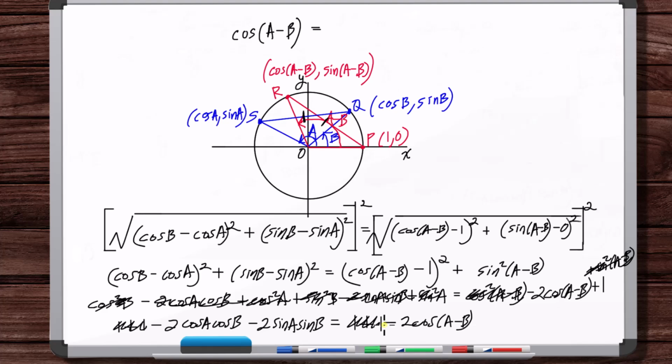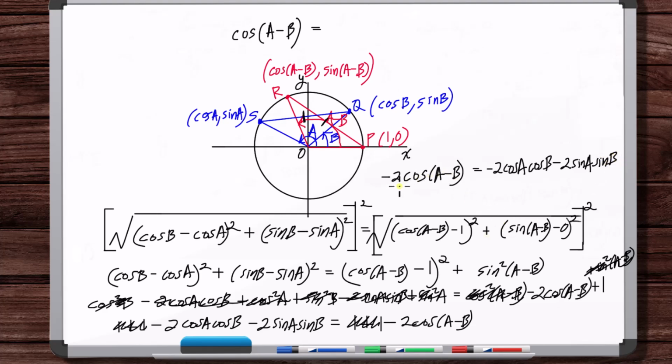Those subtract out, and what we're left with is minus 2 cosine of A minus B is equal to minus 2 cosine A cosine B minus 2 sine A sine B.